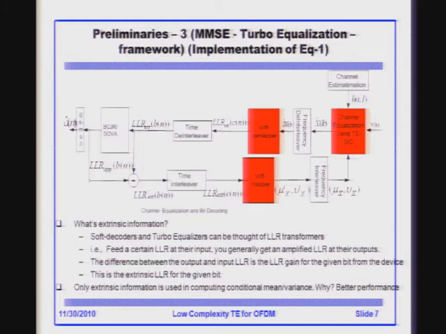So it's a transformer, and the difference between the output and the input is the extrinsic information that was built up by virtue of the structure within the BCJR, or for that matter the channel equalizer. And in all our LLR computations and soft mapper, we use only extrinsic information. The reason being, it's been found that if we use extrinsic information, the convergence properties will be generally better.